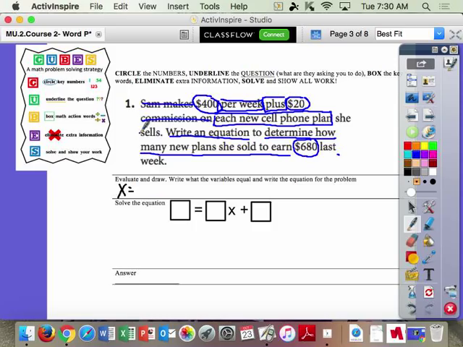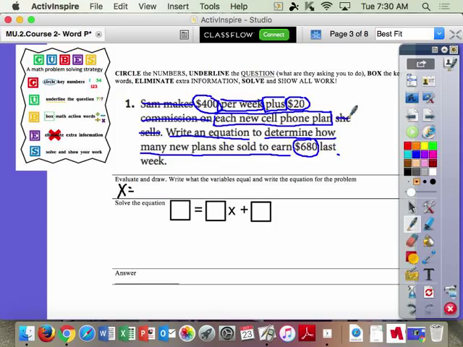All right? Now, the thing that is next to per is typically what is going to be x. However, in this case, it's one of those 1 out of 10 times where it's not.